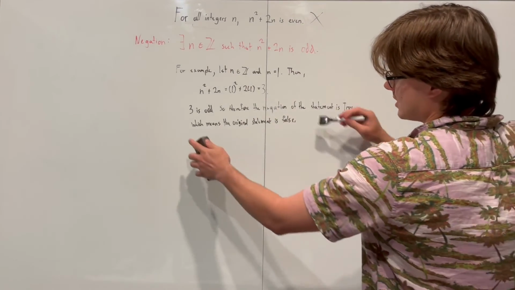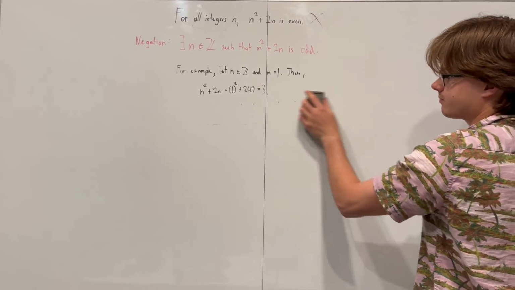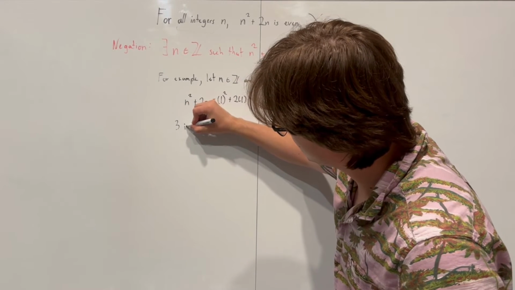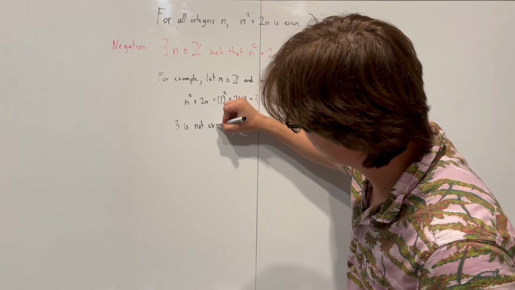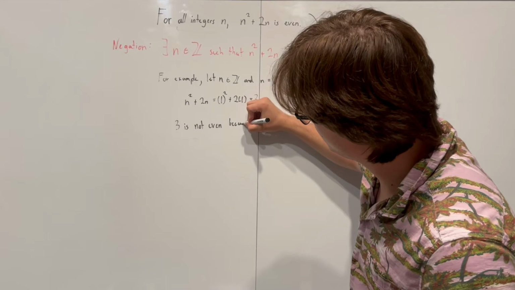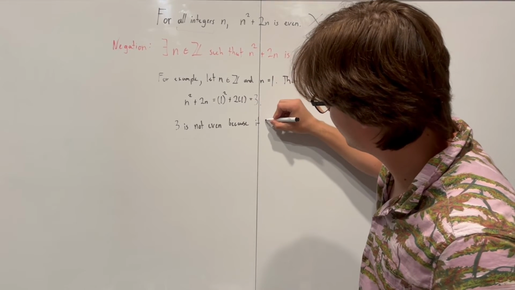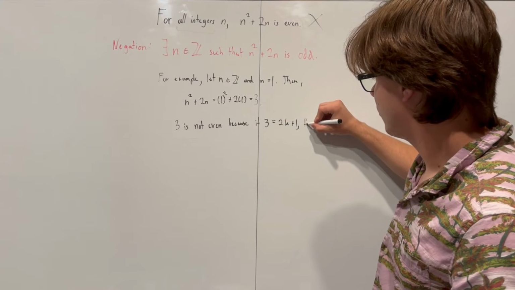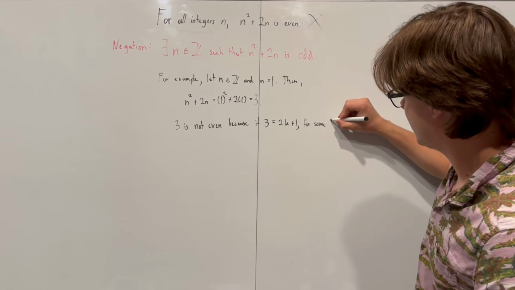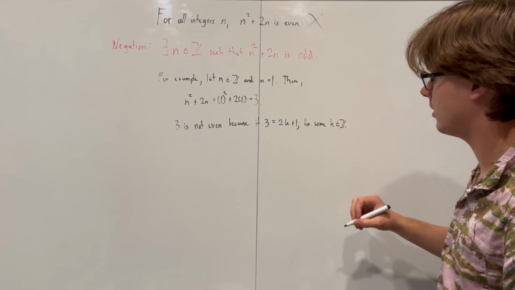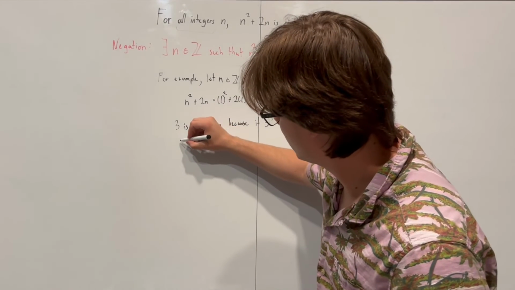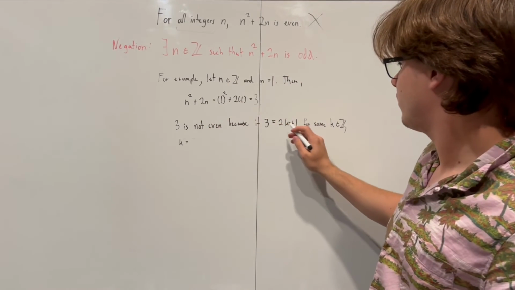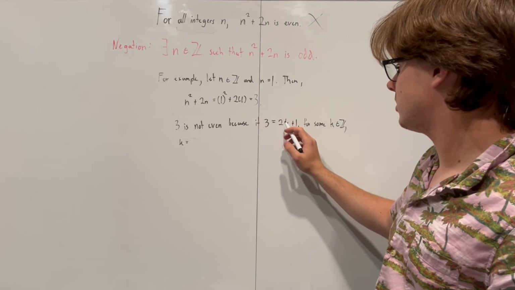You would keep this conclusion here, but right before it, you would put down that 3 is not even, because if 3 is equal to 2k plus 1 for some integer k, k is going to equal, take away 1 from both sides, 2.